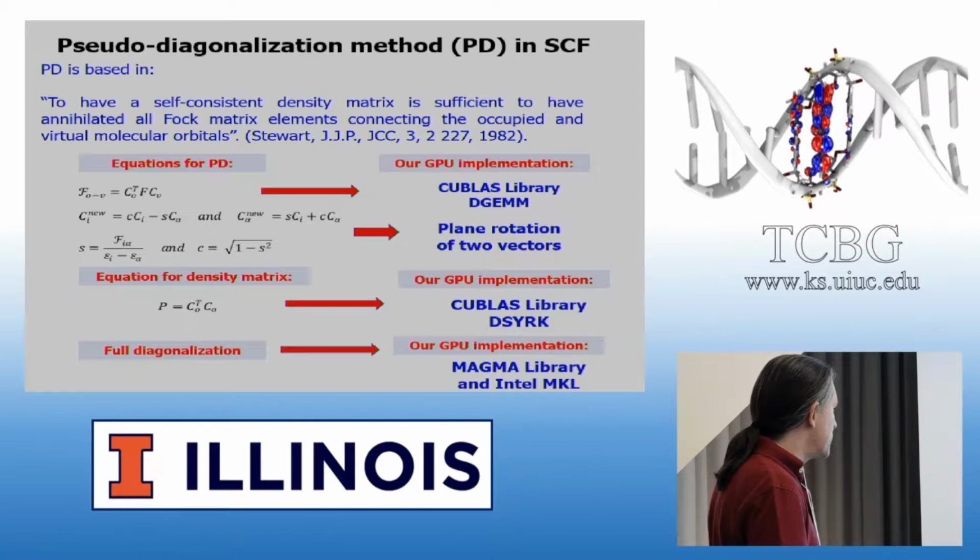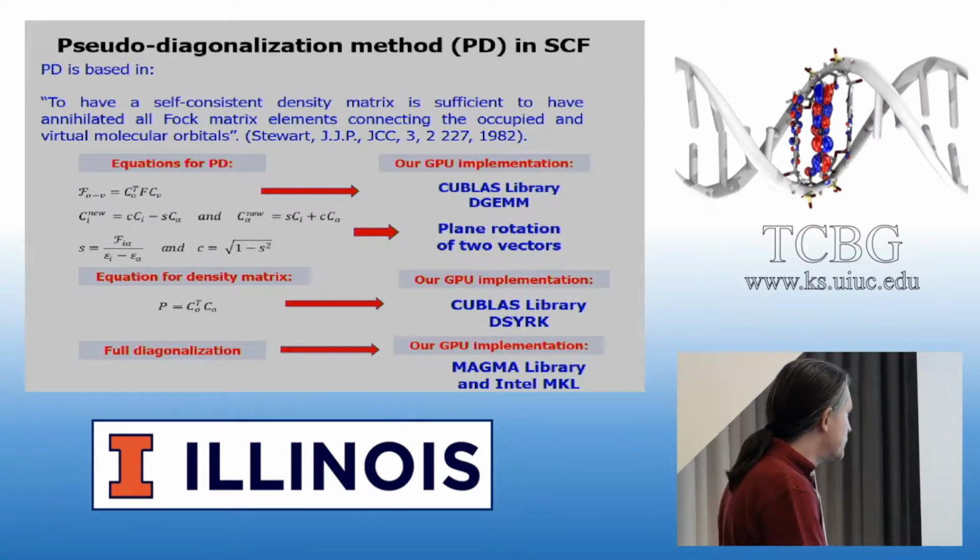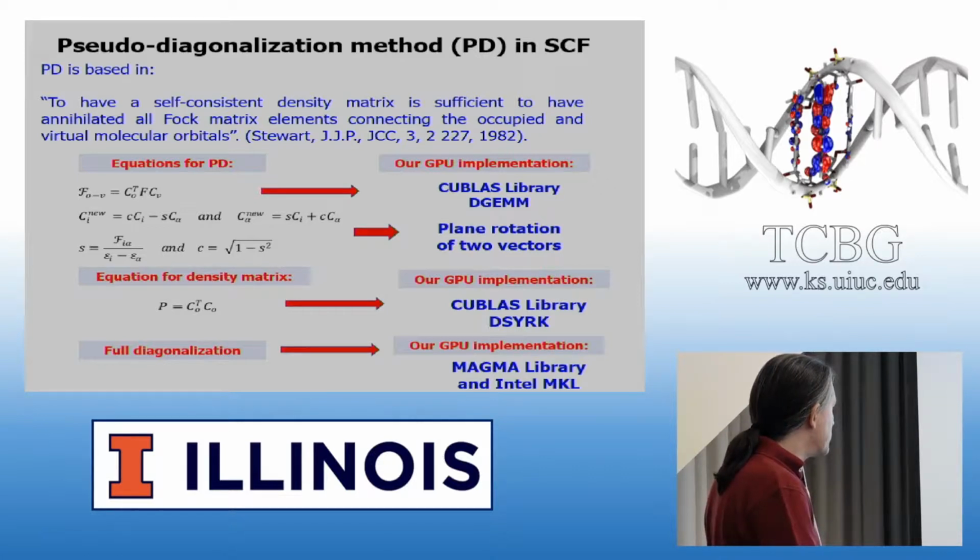This is the same matrix multiplication considered with the electron density matrix as a symmetric matrix, and you can use a specific procedure in the high performance library for GPU, and we replace that operation in our code by its equivalent in GPU.